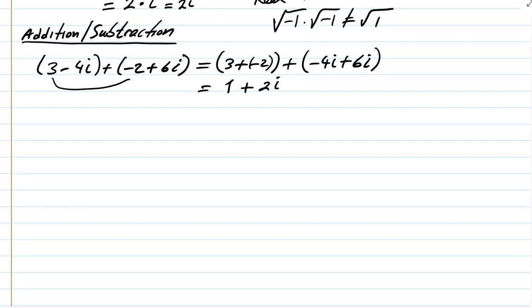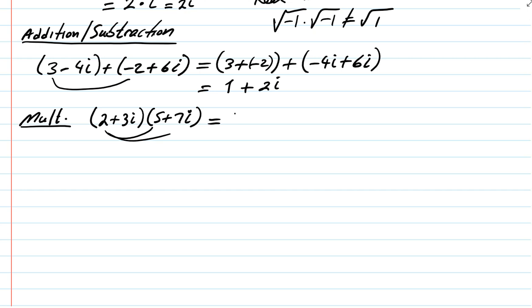Now to multiply these, we multiply them like we multiply binomials. So let's say I want to do 2 plus 3i times 5 plus 7i. When I FOIL them, that's going to be 2 times 5, 10. 2 times 7, 14i.